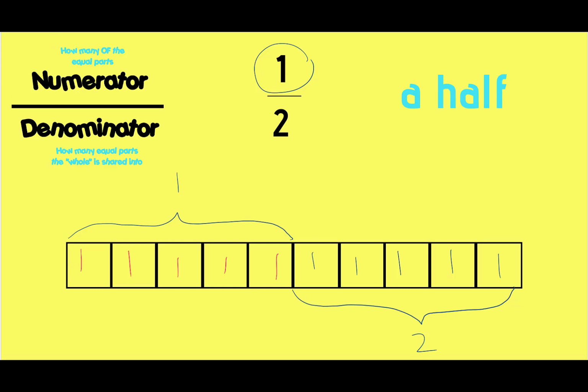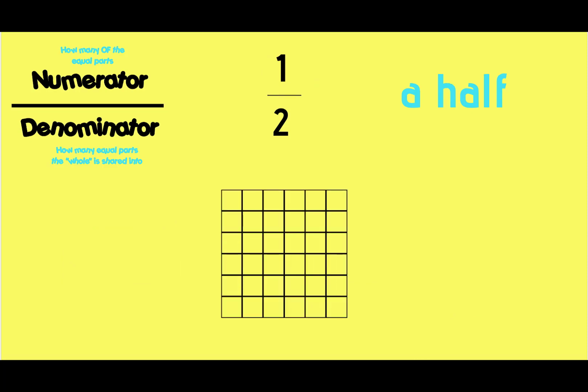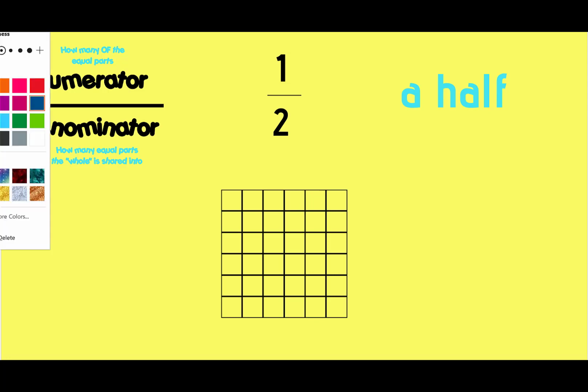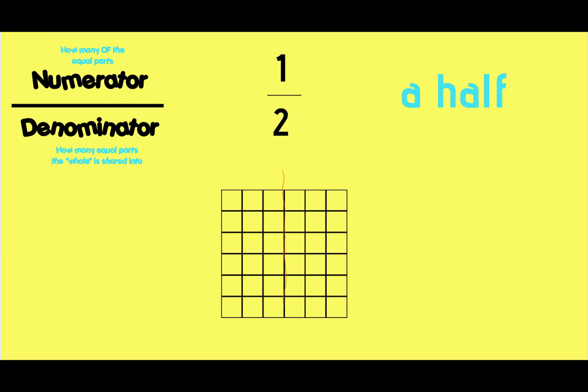Let's have a look at another example now. So here I have a grid and I want to shade in 1/2 of my grid. Now you might be able to see how I could split that in half. You might straight away notice something like, I can draw a line down here and I can see that this half is the same as the other side.